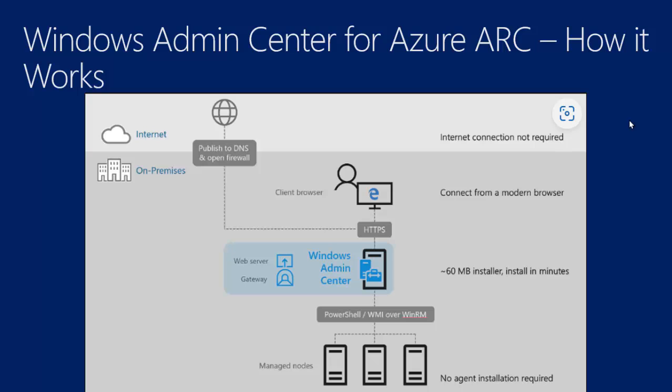And then we are going to be connecting with a modern browser. It doesn't say specifically which browser, but it does need to be a browser. And then there will be an installation that happens. Now, this with Azure Arc, you'll see, basically installs an extension, right? So there will be some small differences between on-prem installed Windows Admin Center, which we're only talking about in the context to raise awareness here, and what we would do with an Azure Arc enabled server, right?